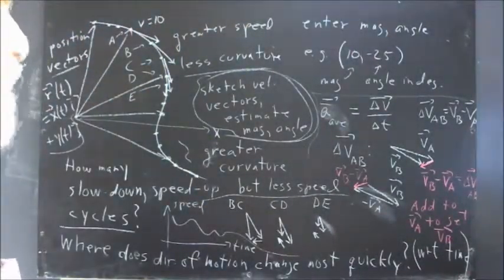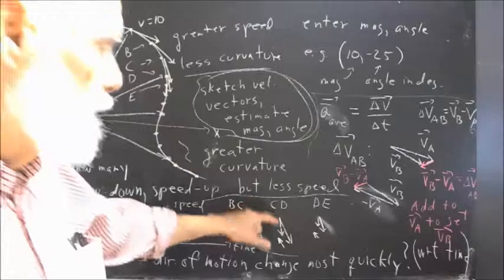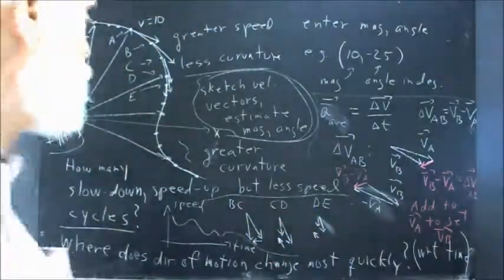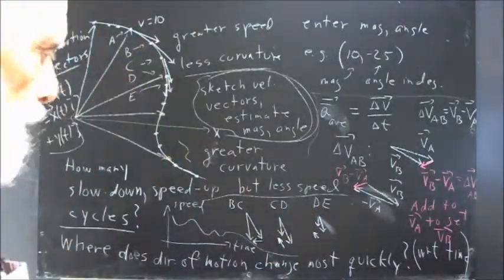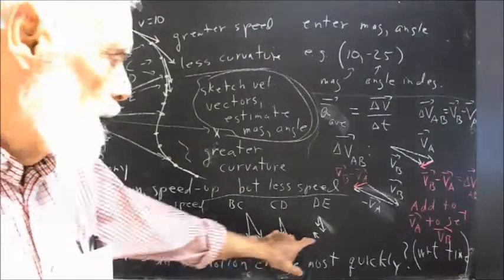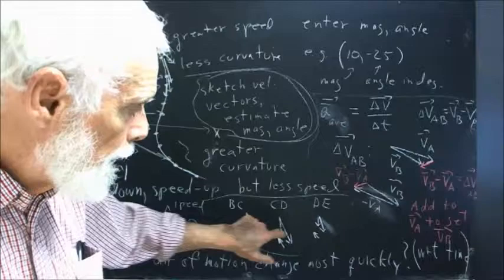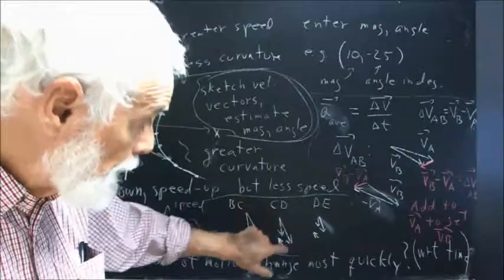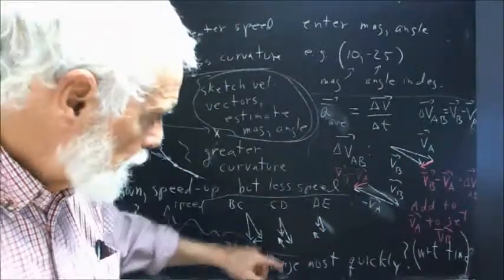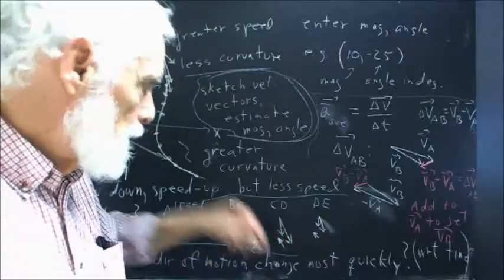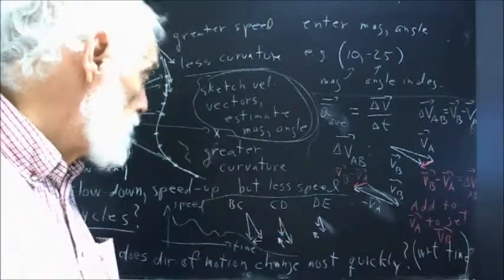Now you can do the same with vector BC, vector CD, vector DE, using the vectors I see here, these are my approximate sketches. I've offset the difference vector here, the VB minus VA vector, just so you can see it more clearly so it isn't cluttered up within the heads of the other two vectors.